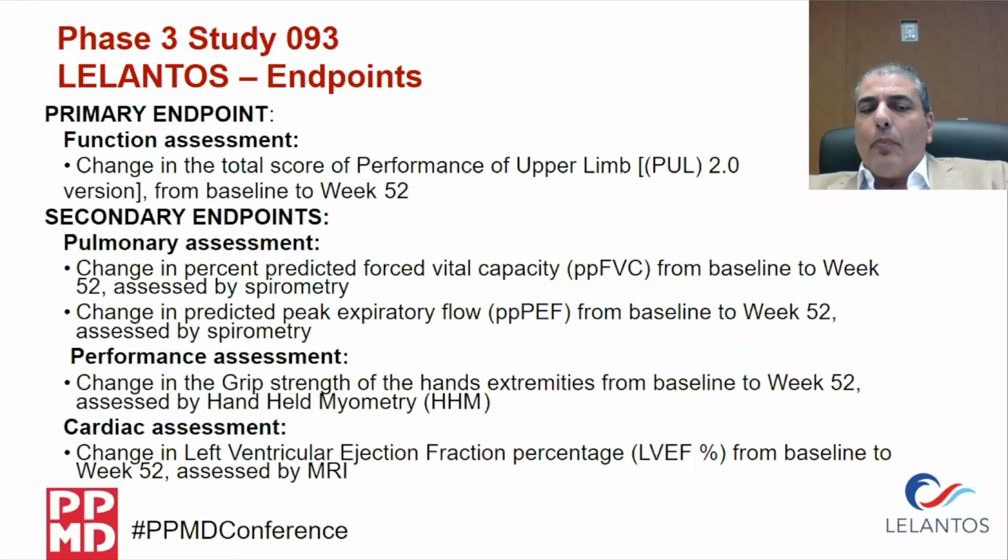So our primary endpoint in phase 3 LELANTOS study will be a change in the total score of Performance of Upper Limb using version 2.0 from baseline to week 52. And secondary endpoints, we divided into 3 buckets. The first bucket is pulmonary assessment. We're going to look at the percent predicted forced vital capacity change from baseline to week 52, in addition to the peak expiratory flow rate.